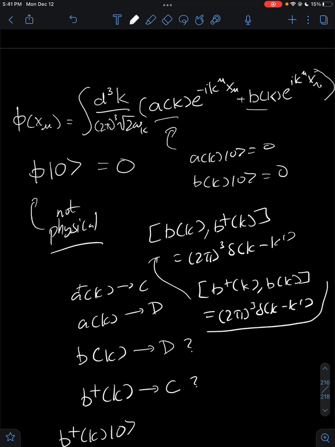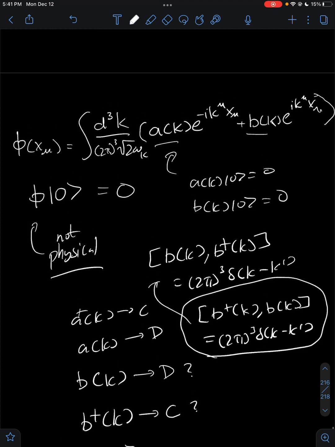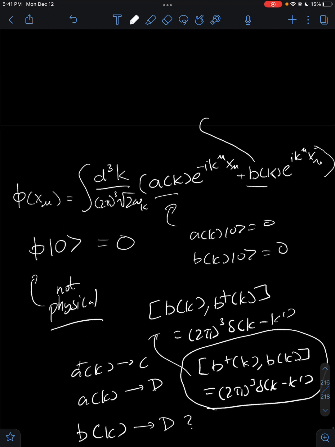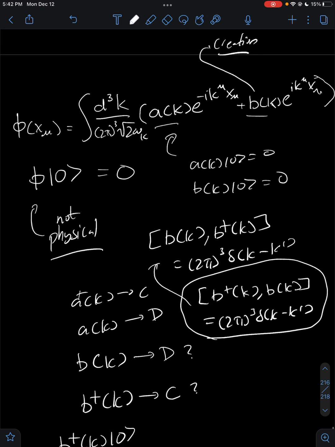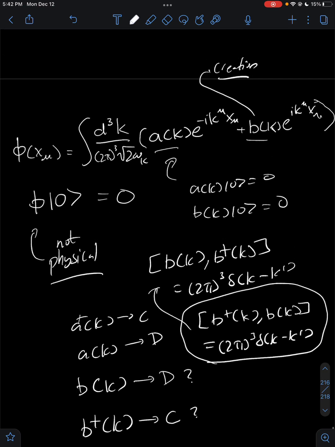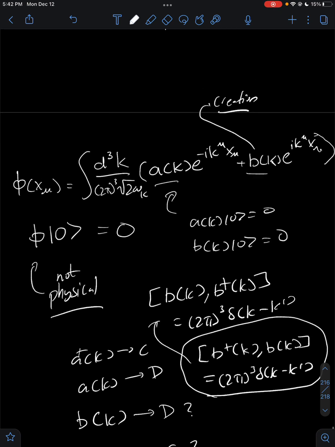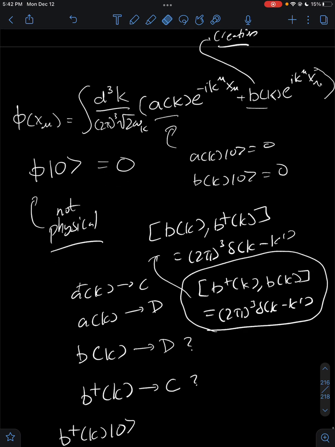And by changing this commutation relation, b(k) will then become a creation operator. But it's going to be pretty unorganized to define them differently for a(k) and b(k). So this method isn't going to be so nice.